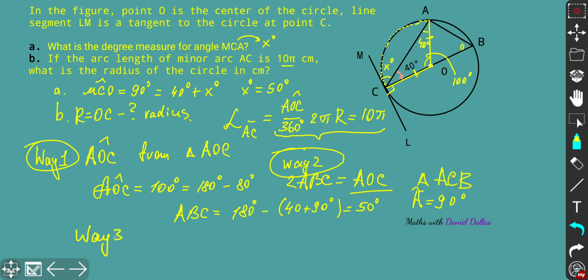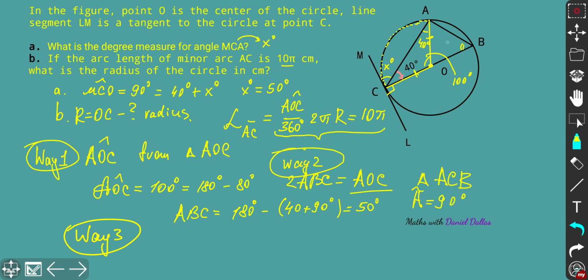It's pretty easy. Let's have a look at the angle X. We found on the previous step that angle X is 50. There's a theorem that tells you if you have a tangent line, the angle between the tangent line and the chord CA is going to be the same as the inscribed angle subtended by the same arc AC. So that's why angle B is immediately 50.